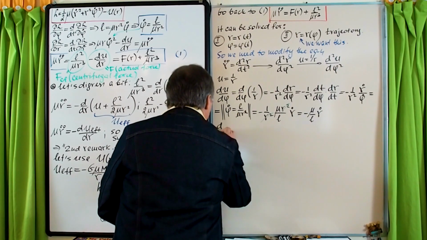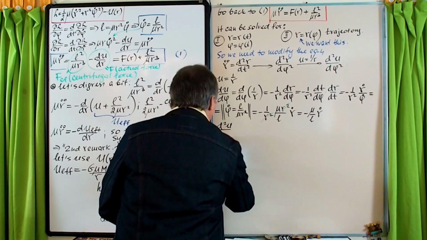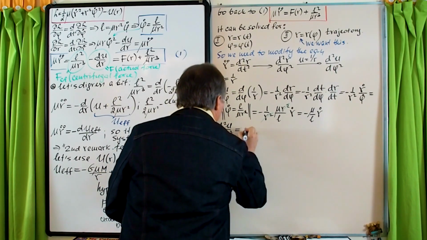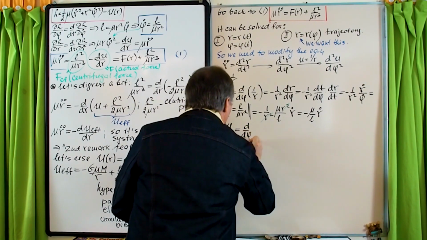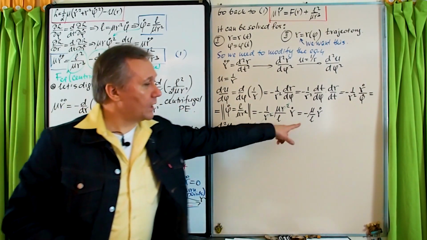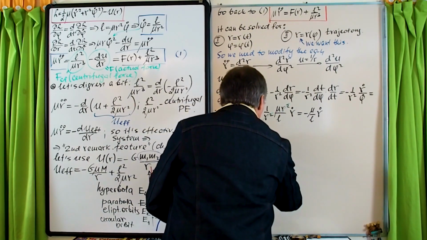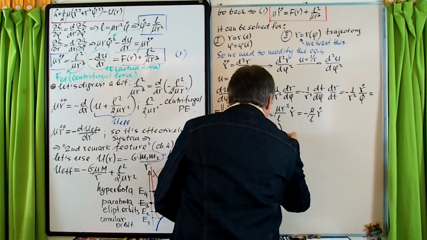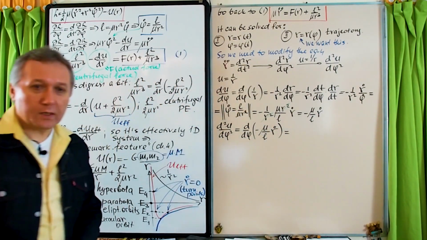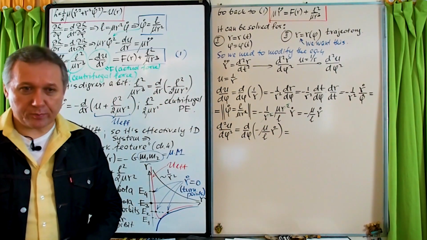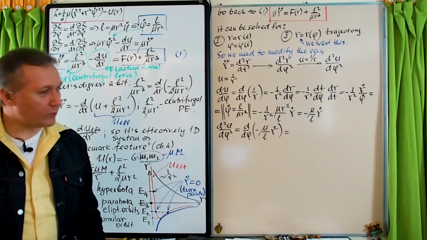So now the second derivative of u with respect to phi will be d over d phi of what we got, minus mu over L r dot. And I'm going to do the same manipulations. First of all, the constant, of course, I will pull it out.